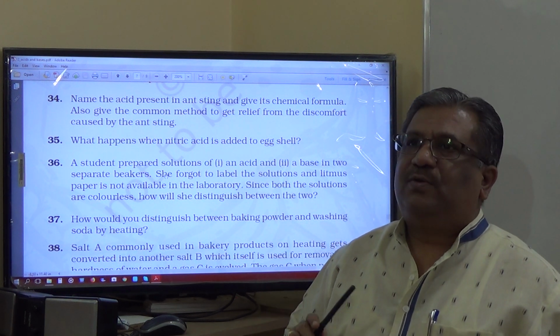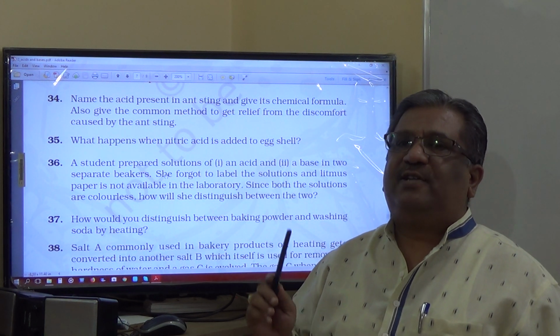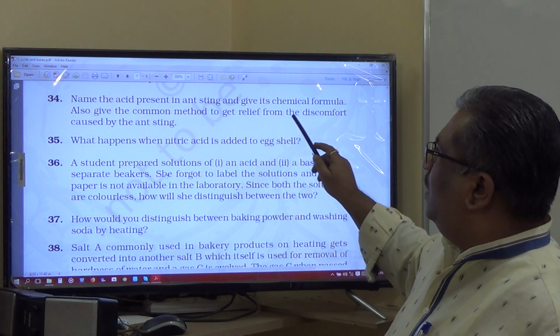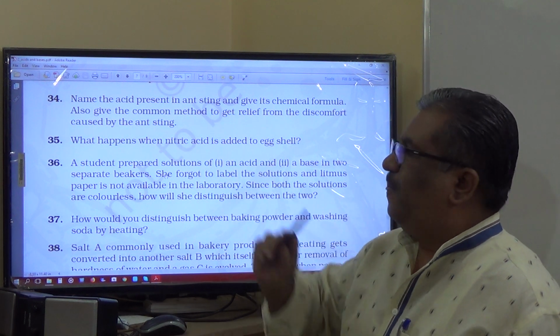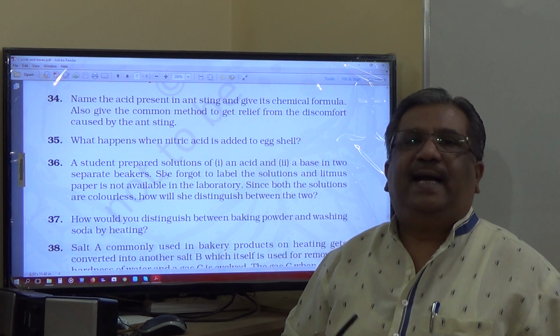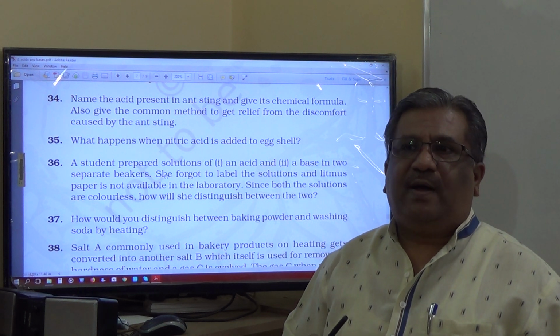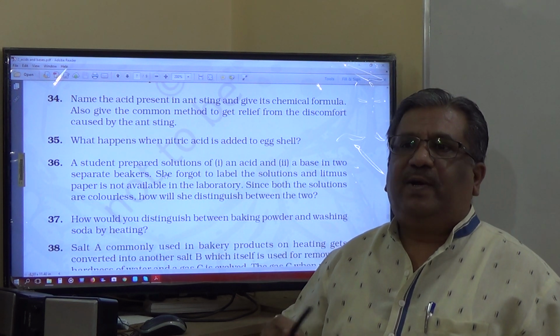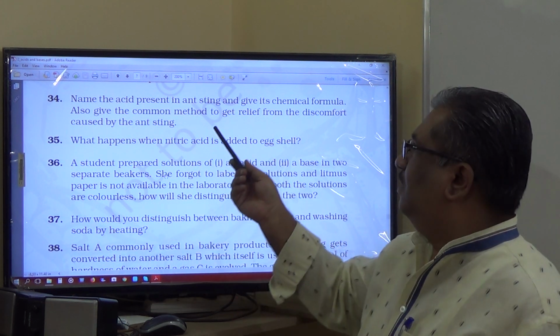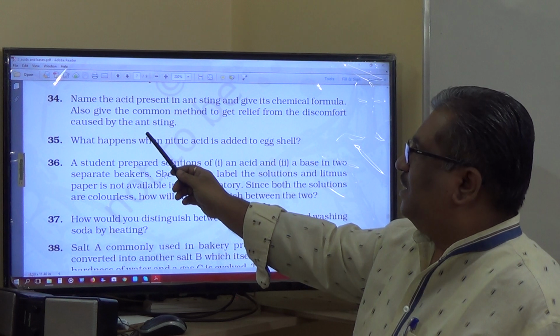Methanoic acid's formula is HCOOH. Also give the common method to get relief from the discomfort caused by the ant sting. Use a solution of mild base such as baking soda, which is basic in nature. It will neutralize the effect of the acid, that is formic acid, and thus gives relief.